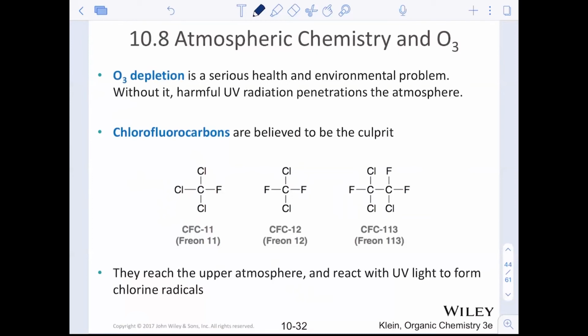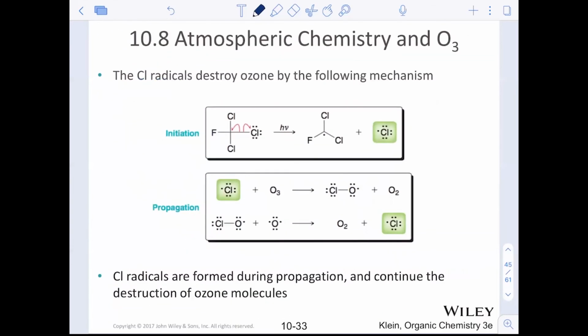These molecules, Freon, even these ones that are shown, these will reach the upper atmosphere. They're very light molecules, and so they will reach the upper atmosphere and react with the UV light to form chlorine radicals, just like what we were talking about. There is an initiation step once it reaches that upper atmosphere where there's enough UV light, and it will make a chlorine radical.